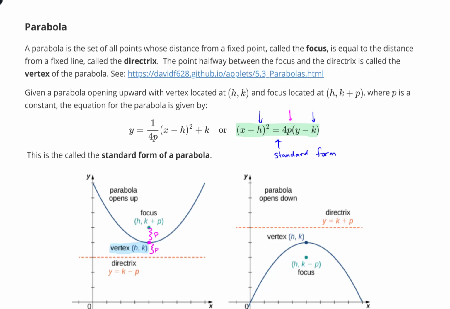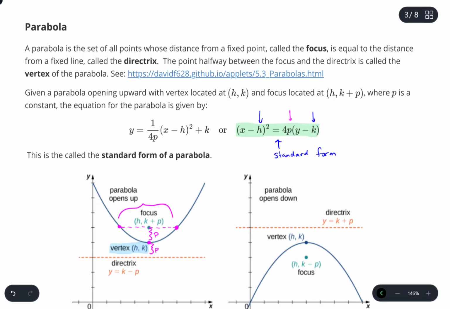Now, from there, to continue graphing, there's another important line. There's a line that passes through the focus and extends to two different points on the parabola itself. And this distance works out to be 4 times p, exactly the number multiplying inside our standard form equation.